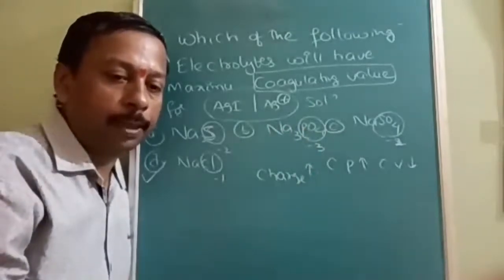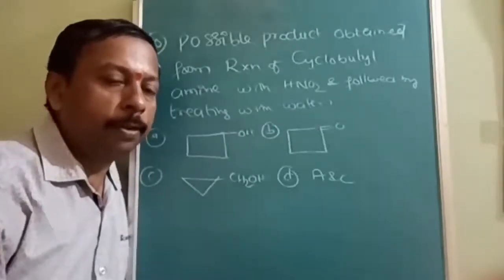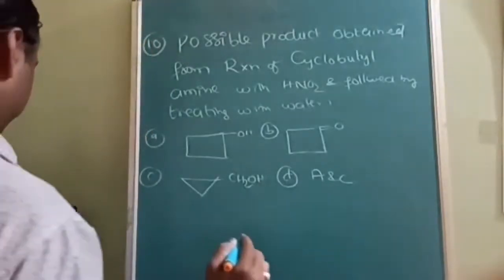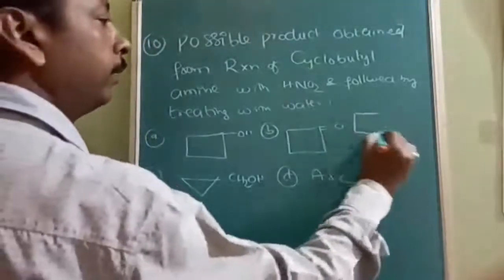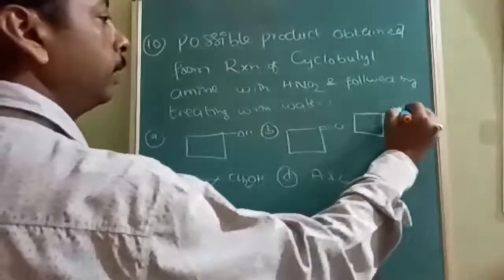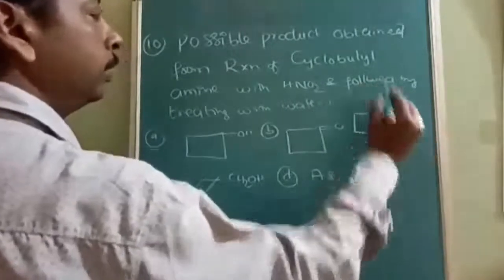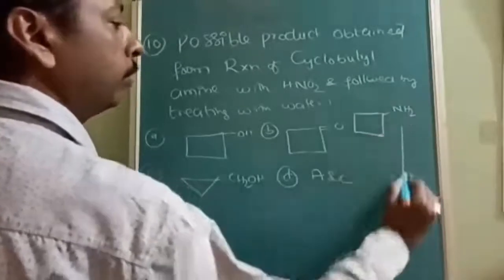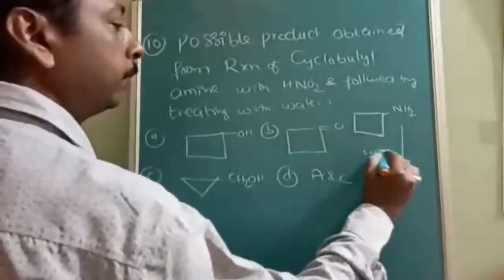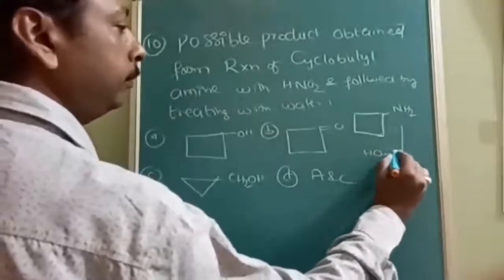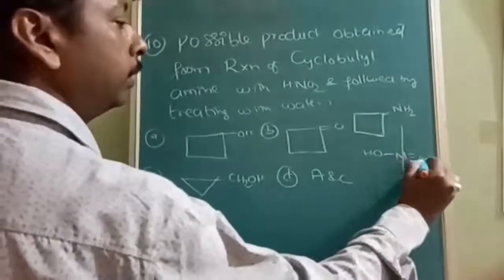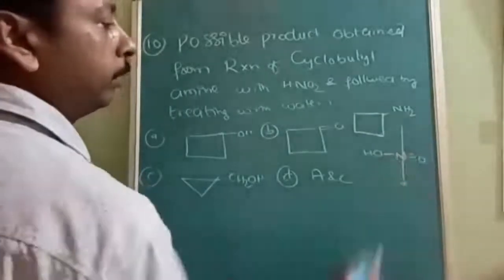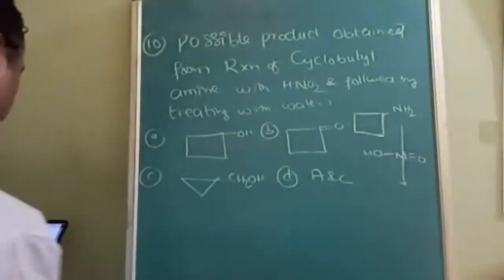Okay, in this question, the possible product obtained by the reaction of cyclobutylamine. Cyclobutylamine means cyclobutane with NH2. It is treated with HNO2. You should have a habit of writing HNO2 like this: H, single bond, O, single bond, N, double bond O. Okay, this is the structure of HNO2.